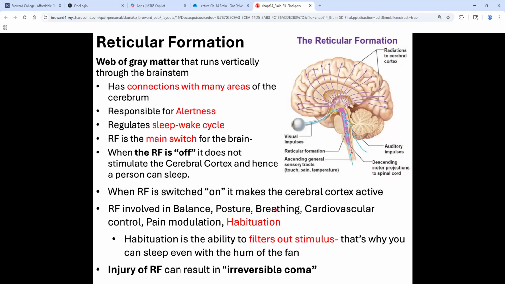And also, it's involved in habituation. Say, for example, if you are going to sleep and there's a fan which is working and creating a humming sound, probably you won't be able to go to sleep initially, but after a while, what happens?